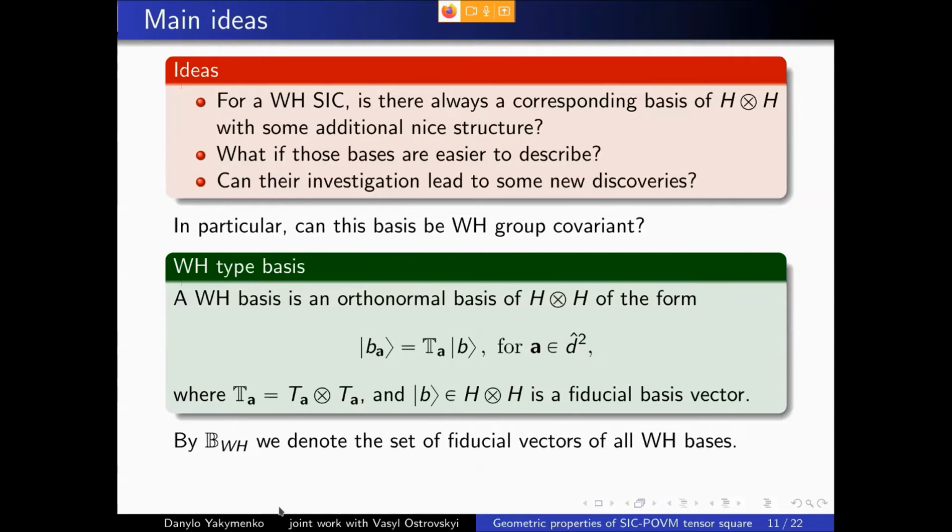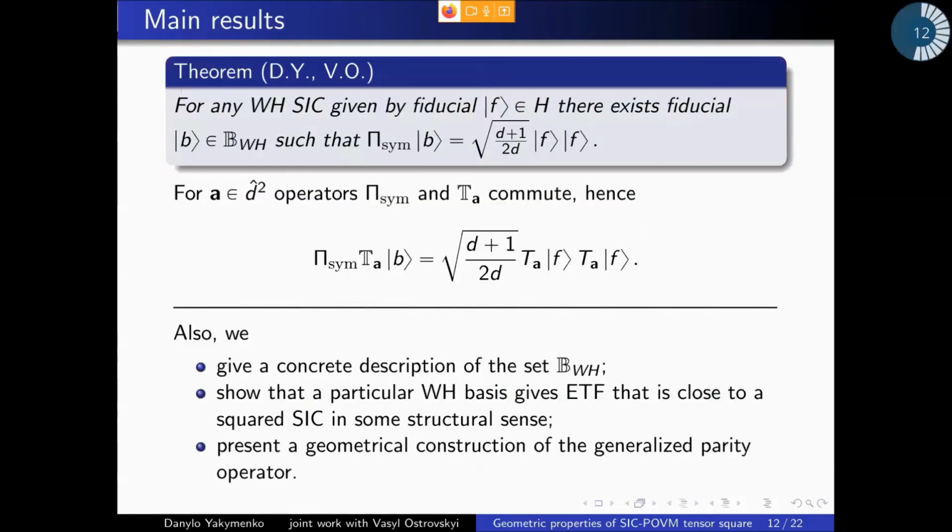And by B_WH, we will denote the set of all possible fiducial vectors of all possible bases of this type. Okay, and the main result is that once we have any Weyl-Heisenberg SIC, then there exists a fiducial basis vector such that this SIC is a projection of this fiducial basis vector, right?